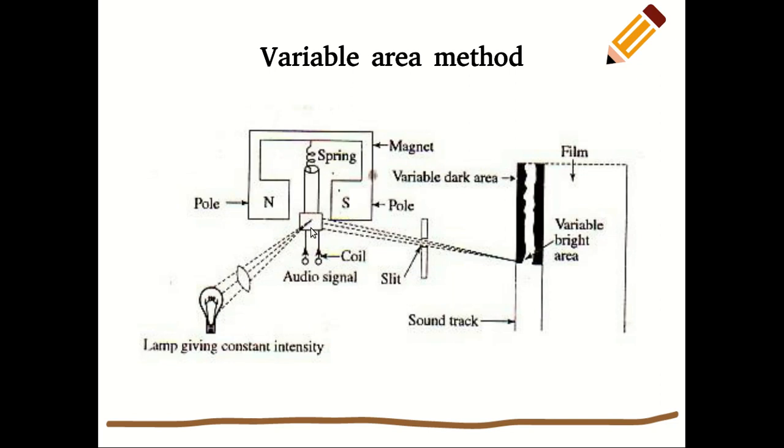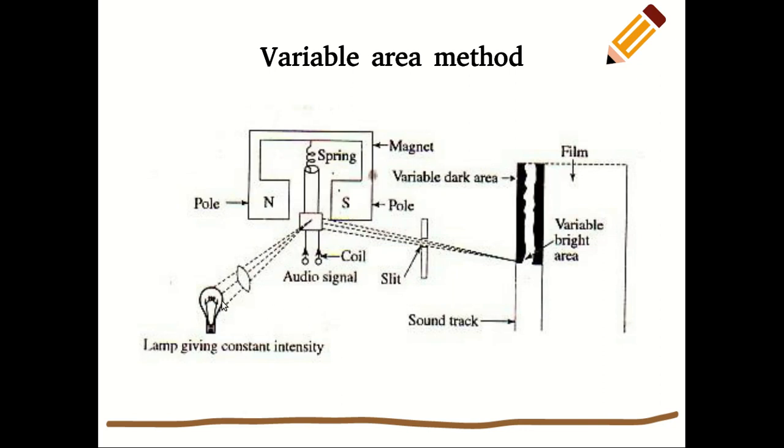A mirror is attached in this galvanometer that again deflects as per the deflection of this main current carrying coil. The deflections in this coil depend on the strength of the audio signal, and thus the deflections produced in this mirror are proportional to the strength of the audio signal.